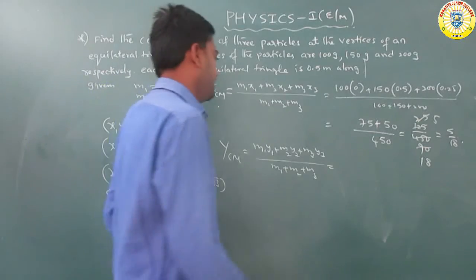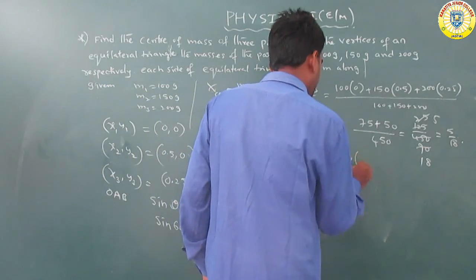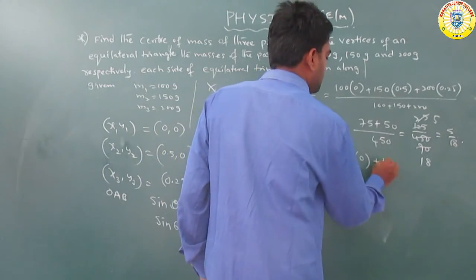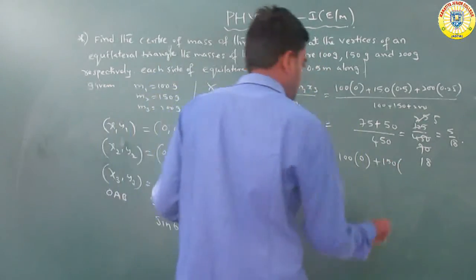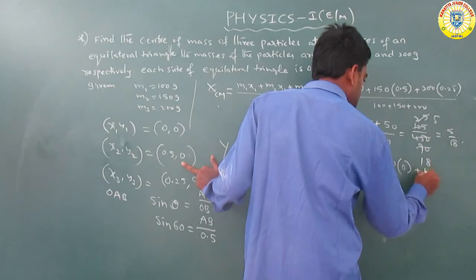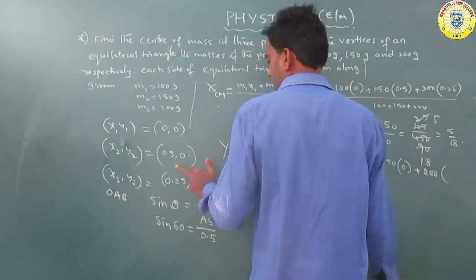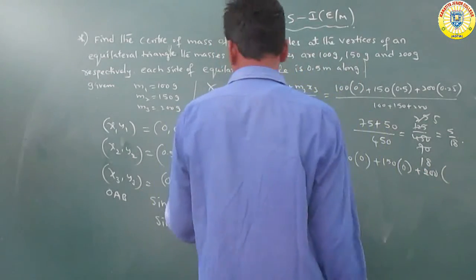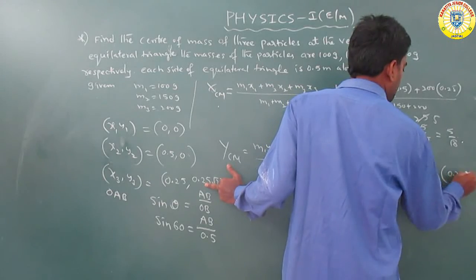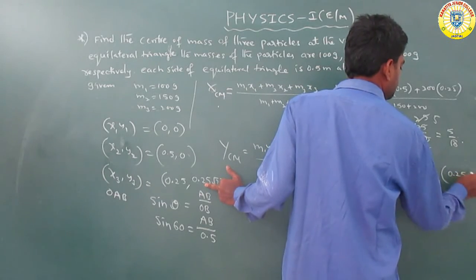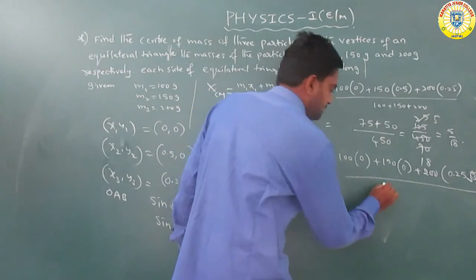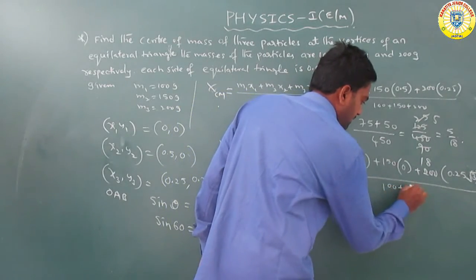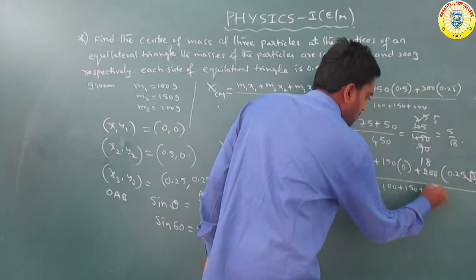M1 is 100, y1 is 0, plus m2 is 150, y2 is 0, and m3 is 200, with y3 equal to 0.25 root 3, by 100 plus 150 plus 200.